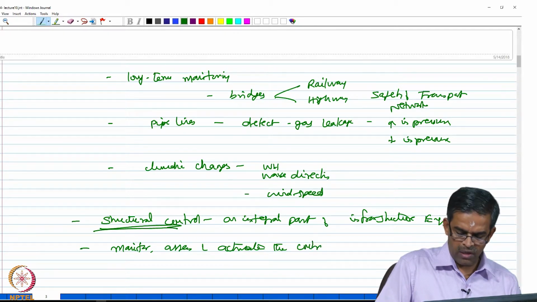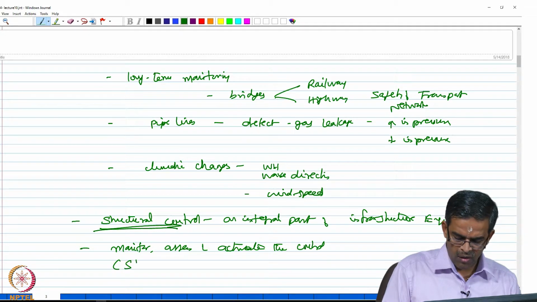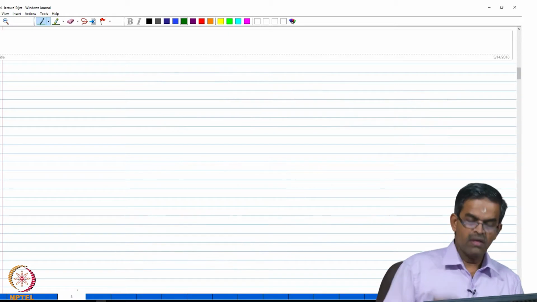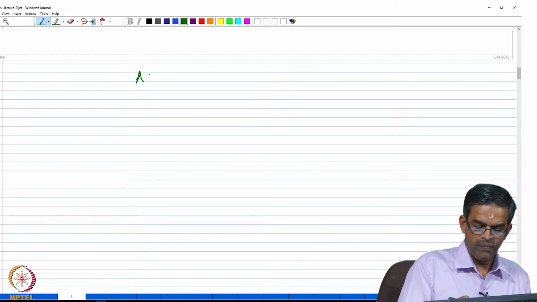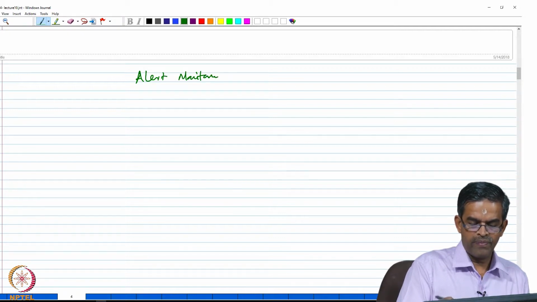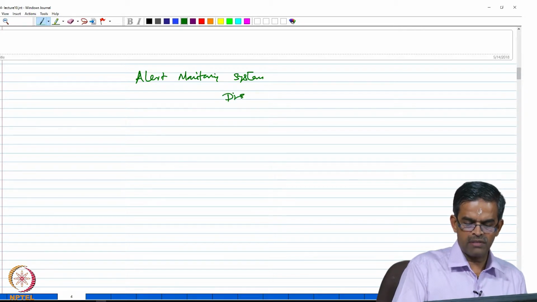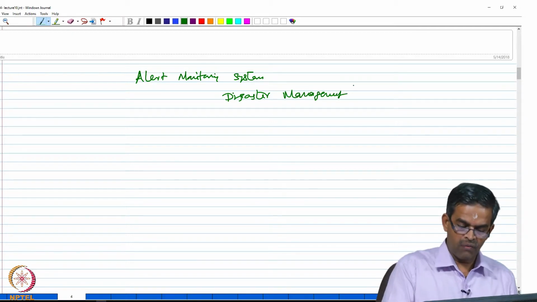So, structural health monitoring becomes an integral part of smart structures. In addition, we have also seen how the alert monitoring system can be very useful in disaster management, and of course, damage prediction.